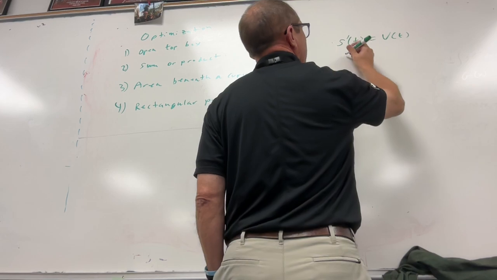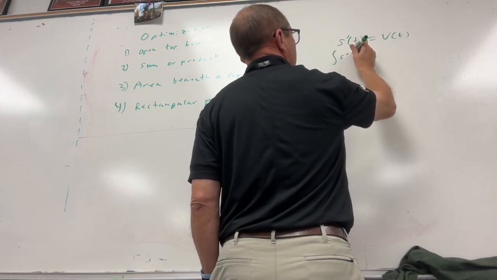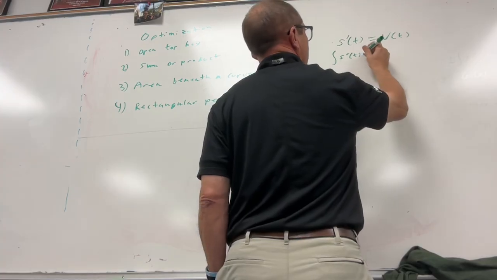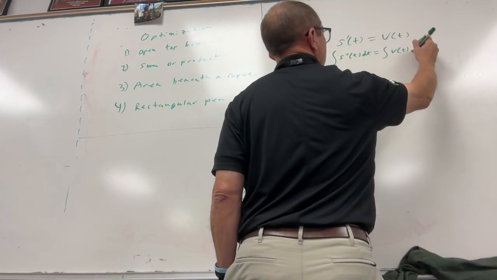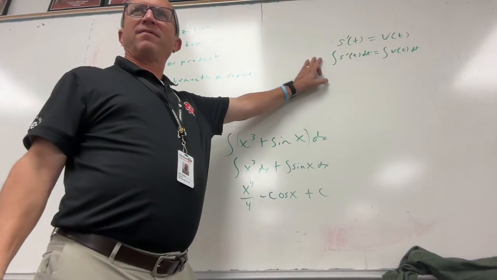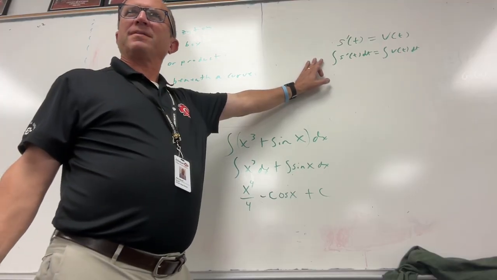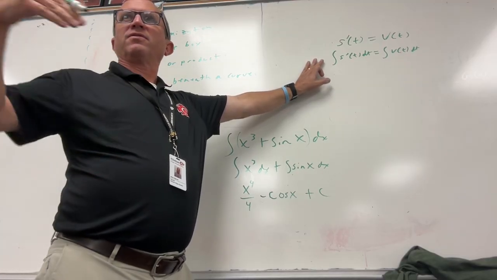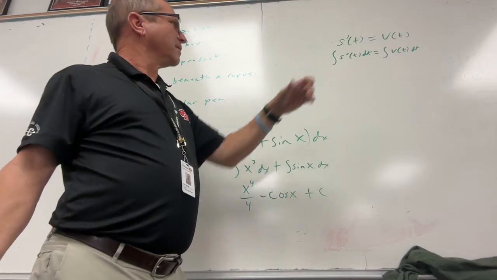that means I'm going to take the antiderivative of both sides here. Now, what is the antiderivative of a derivative? It's the same thing as me saying, what is the square root of something squared? Yeah, it goes back.